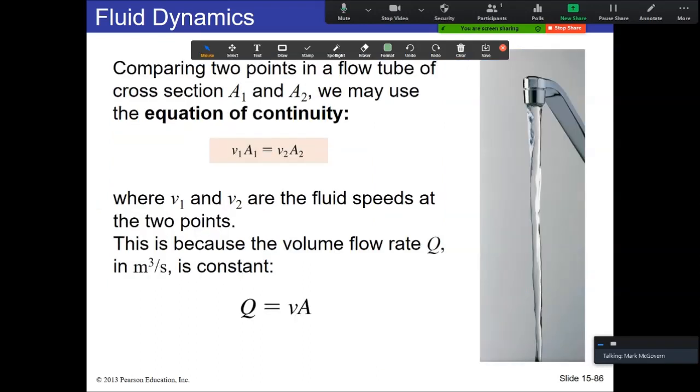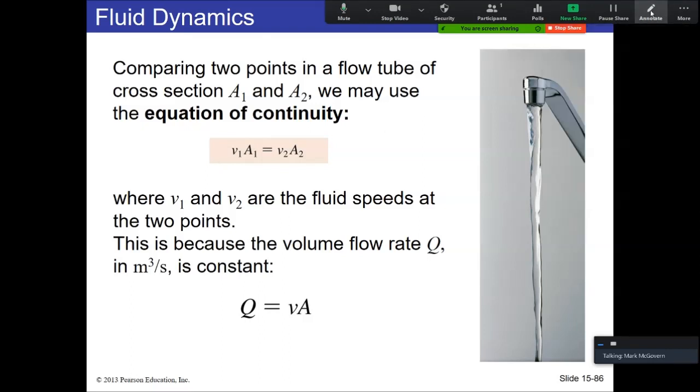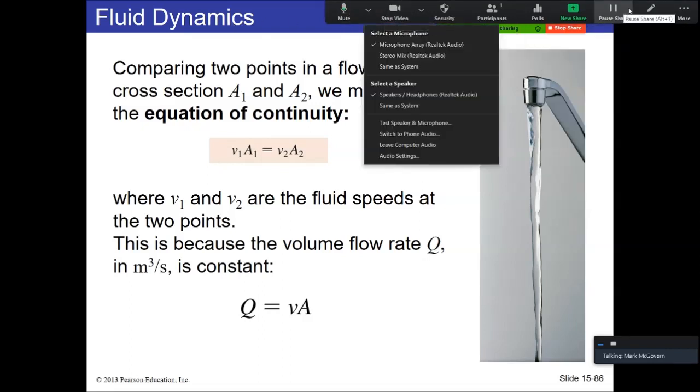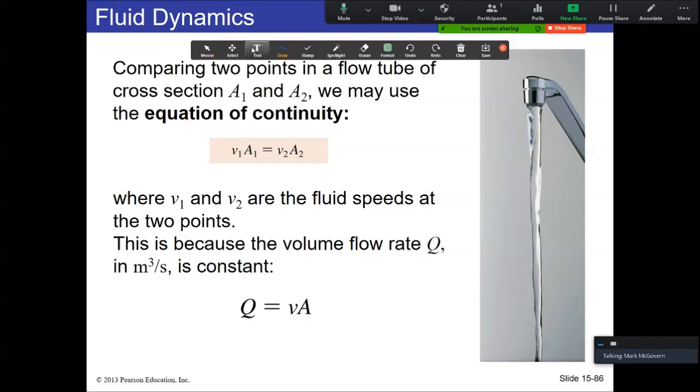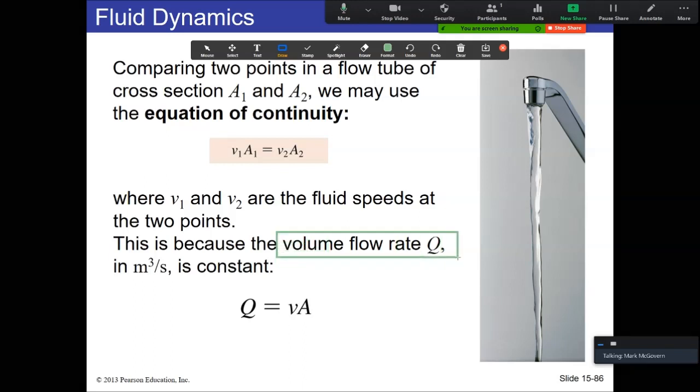Okay, so one very important principle about this involves the concept of what we call volume flow rate, which is another sort of term for flux. It's a type of flux. Volume flow rate is basically how much water moves through a given area per second. And that is a type of mass conservation, actually, right?